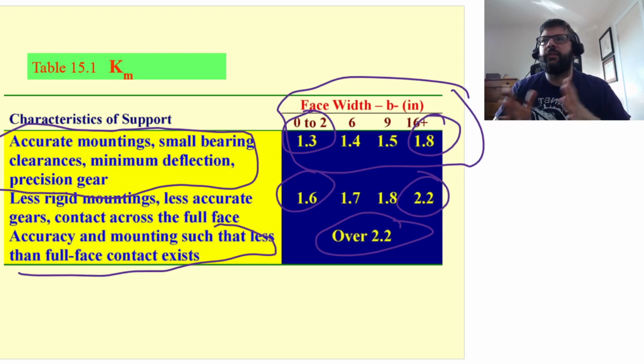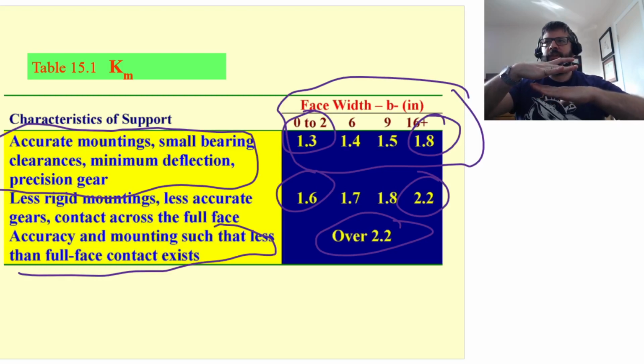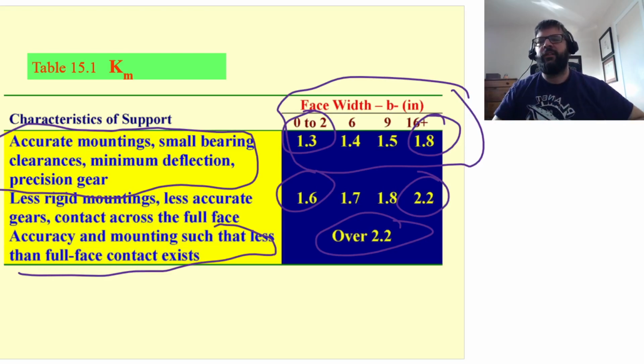If you have some slight displacement in the angles you're working at when you press things together, the bigger the gear is, the more pronounced that effect becomes. That's basically what's going on with the face width there.